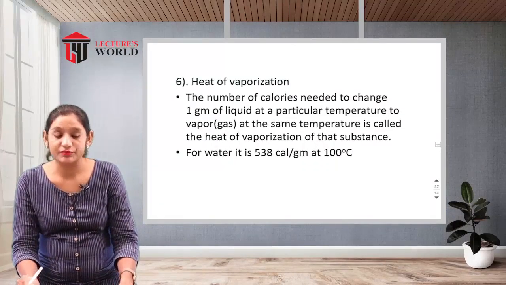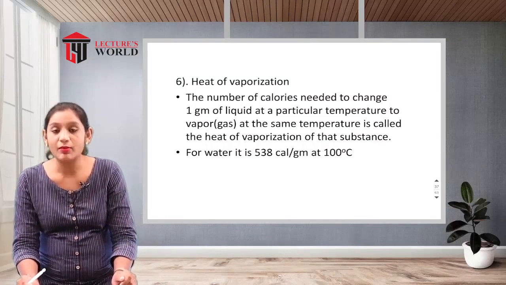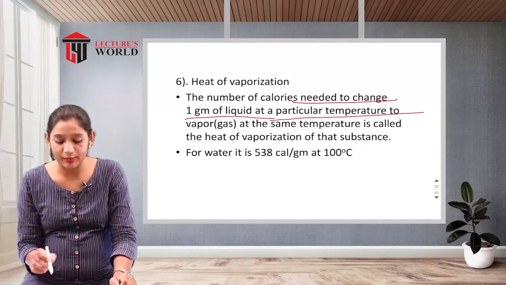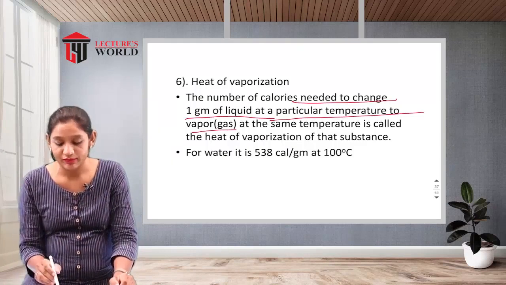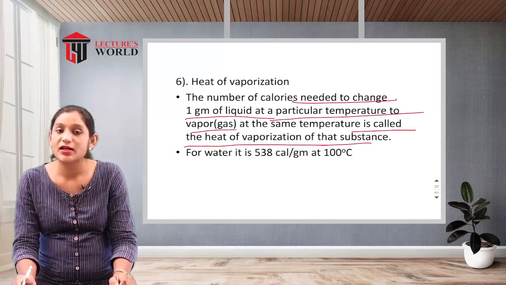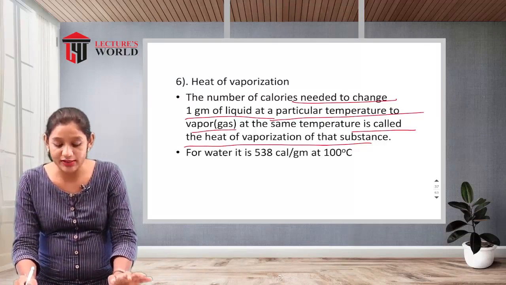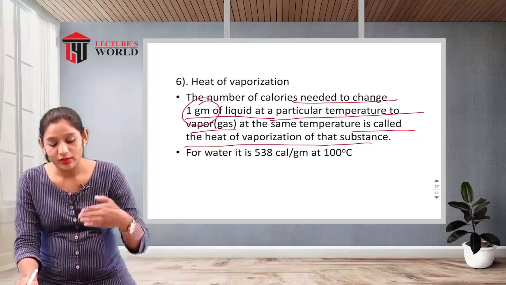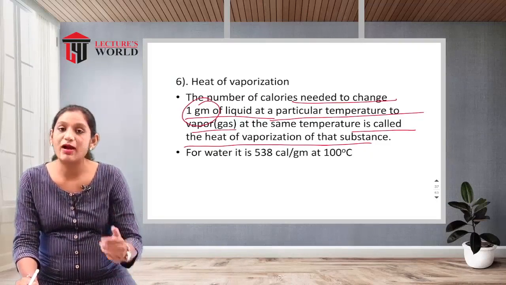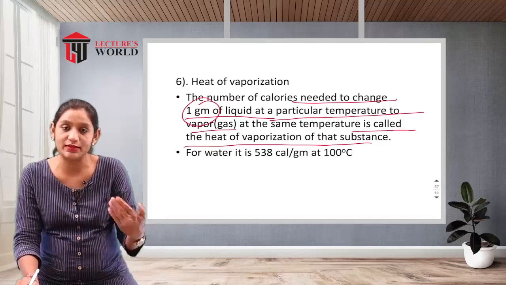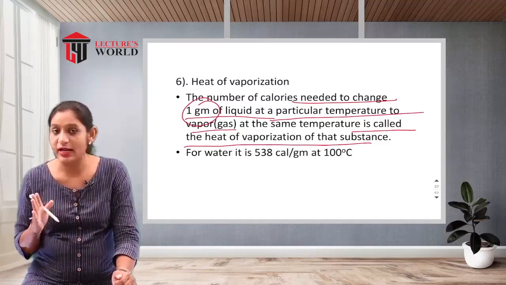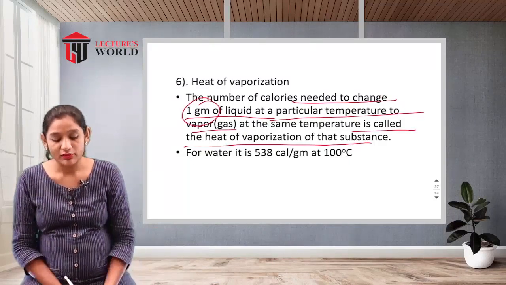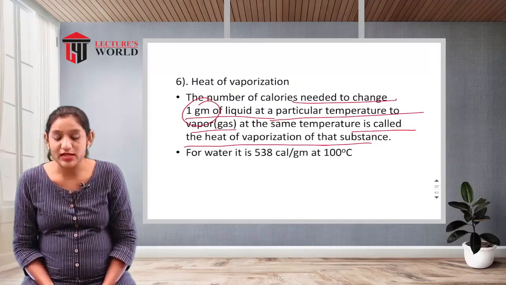Heat of vaporization. What is the heat of vaporization? The number of calories needed to change 1 gram of the liquid at a particular temperature to vapor gas at the same temperature is called the heat of vaporization of that substance.